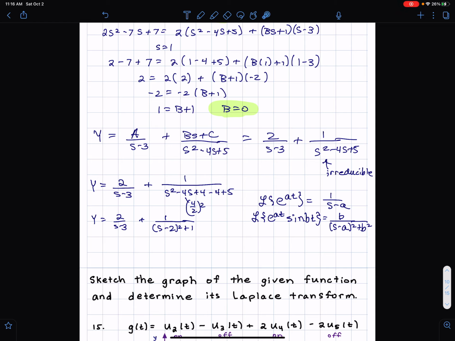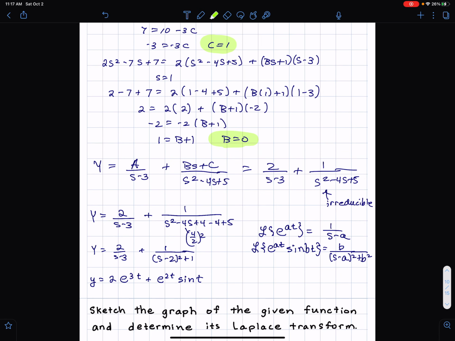I use that over here where b is 1 and a is 2. So I get little y is equal to 2 e to the 3t plus e to the 2t sine t.